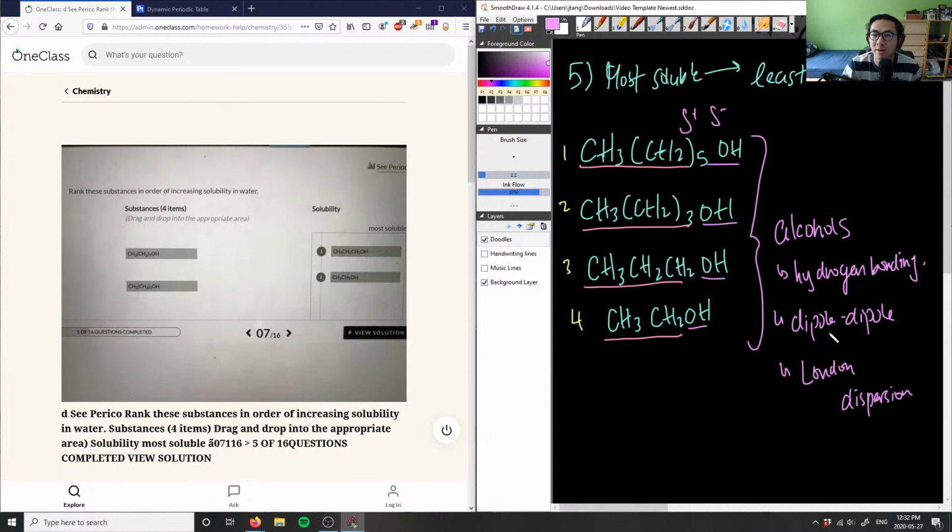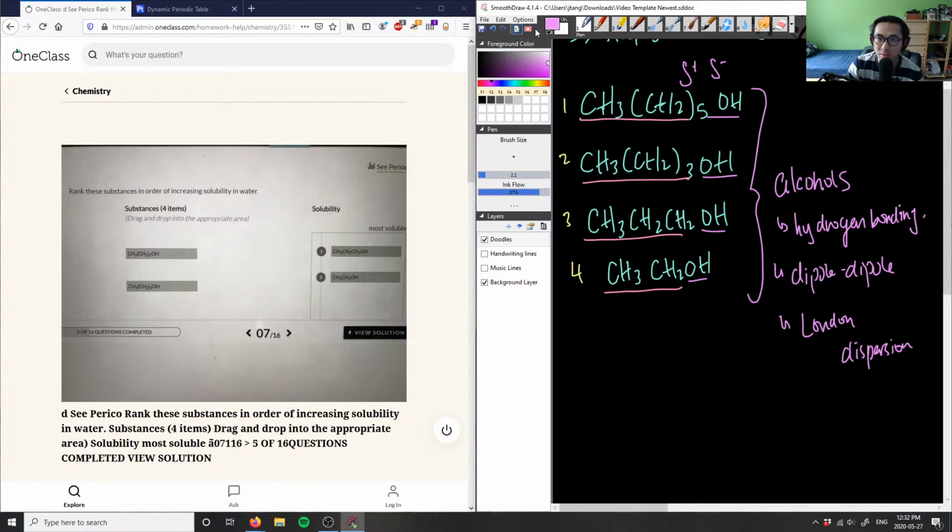So keeping these in mind, what do we care about here? All these forces affect solubility. If we look at hydrogen bonding and dipole-dipole forces, all of these have them, because they all have hydroxyl groups and the electronegativity difference between carbon and oxygen. But the London dispersion forces vary.